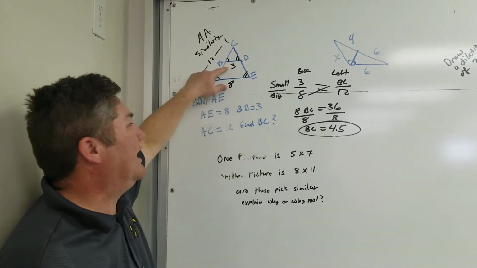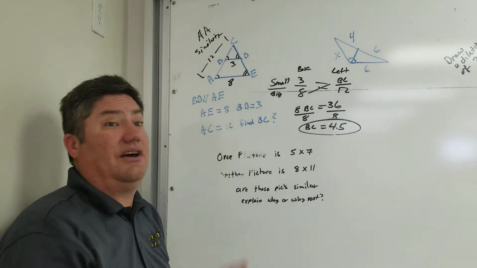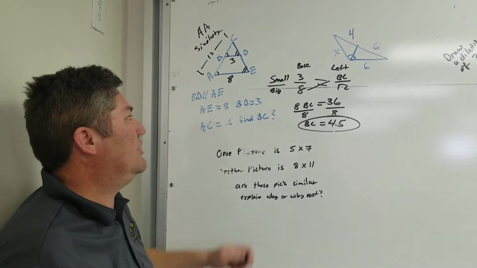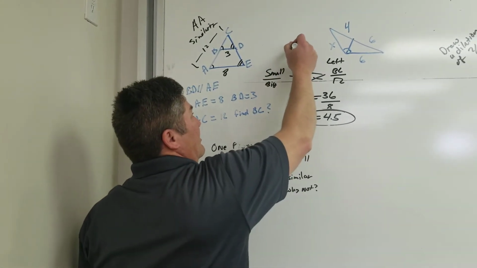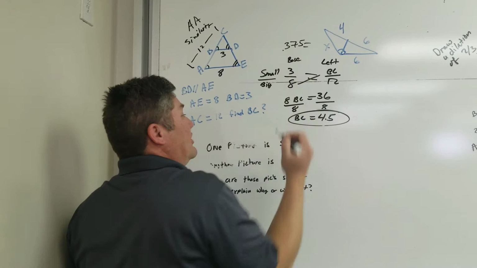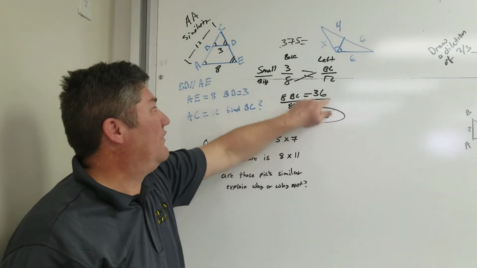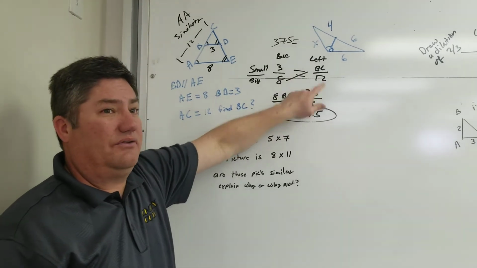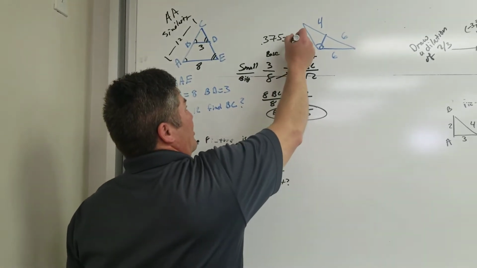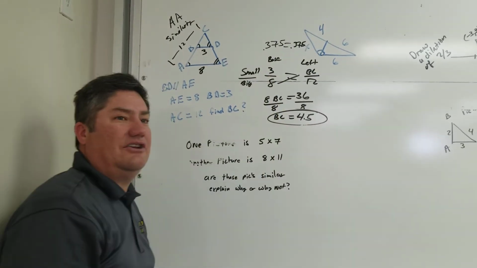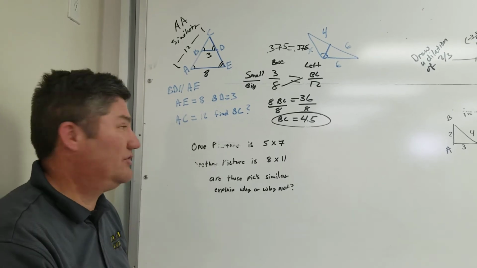If you do 3 divided by 8 on a calculator, it's going to be 0.375. That should match exactly the left side, 4.5 divided by 12. You can do it on your calculator. 4.5 divided by 12 is 0.375. And you'll end up with exactly the same thing. That's an easy check to make sure you're doing the questions right.